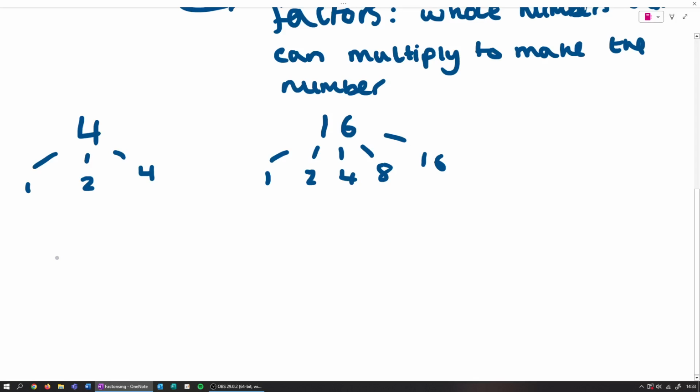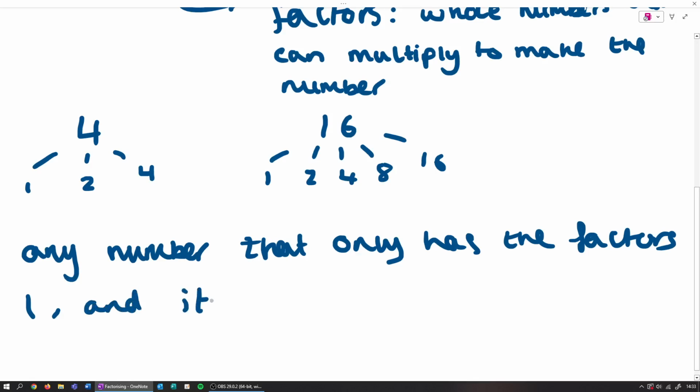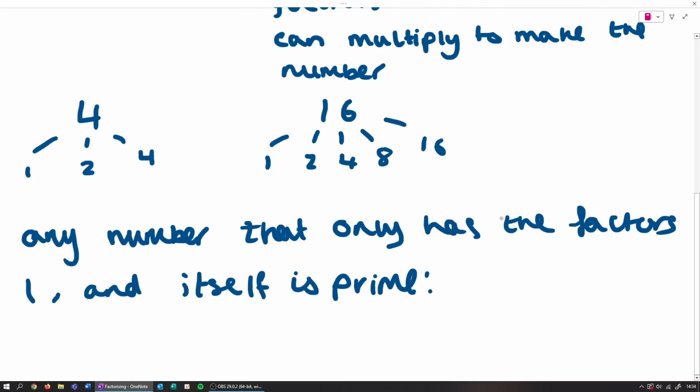And I'll quickly say this, quite important to note, any number that only has the factors 1 and itself is prime. For instance, let's have a look at some common ones.